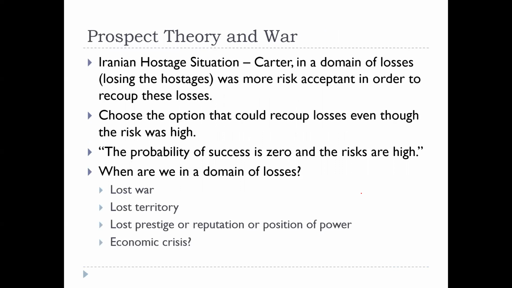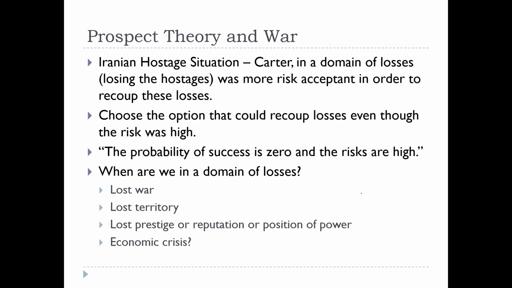In the Iranian hostage situation, Jimmy Carter asked for options on how to save the hostages in Iran, and essentially they were going to try a sort of military rescue, and the person in charge of the mission said the probability of success is 0 and the risks are high.